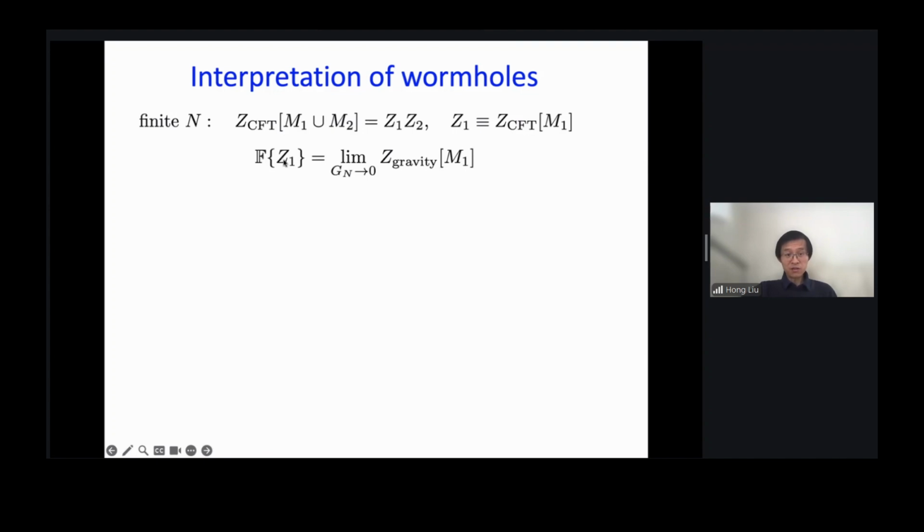For example, if we filter Z1, that should be related to the gravity partition function with boundary M1, supposing M1 is connected. Similarly with filtering Z2. Now you do the filter on Z1 times Z2, which is the CFT on M1 union M2, then that should be equal, according to our dictionary, to the gravitational partition function with the disjoint boundaries.